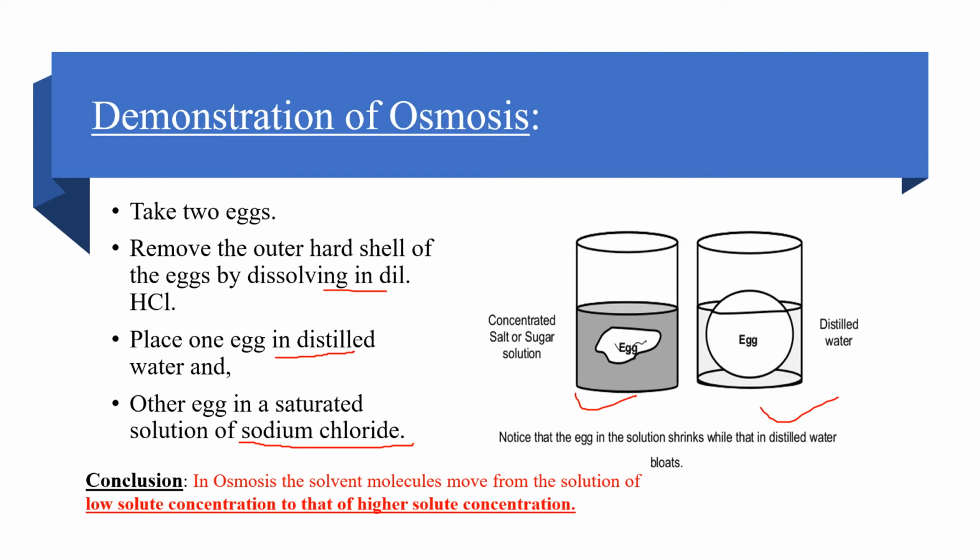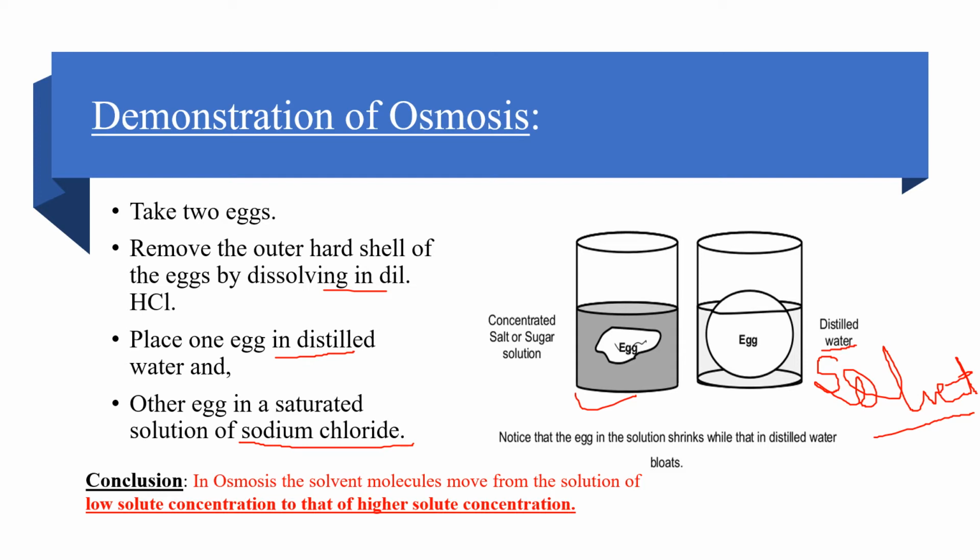The egg which we have put in distilled water will swell up. Why? Because due to osmosis, the flow of solvent molecules towards the solution will take place. Since distilled water is a pure solvent, there is only water, and no other particles or molecules are present.